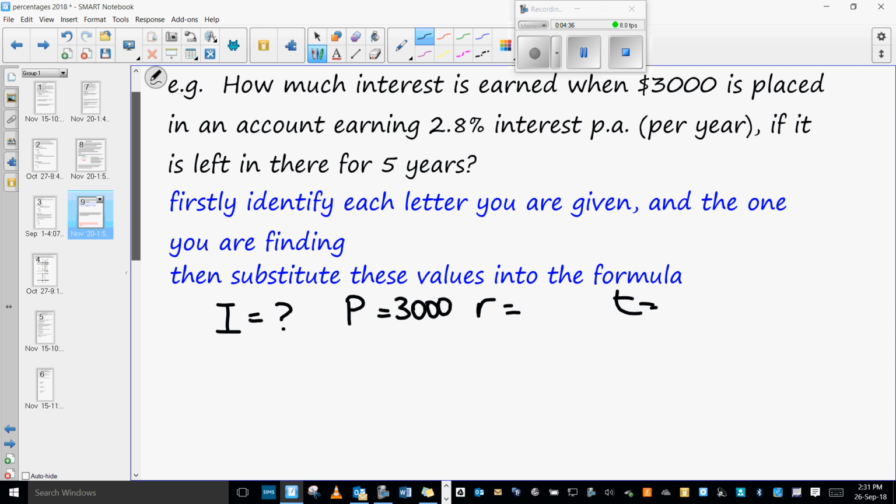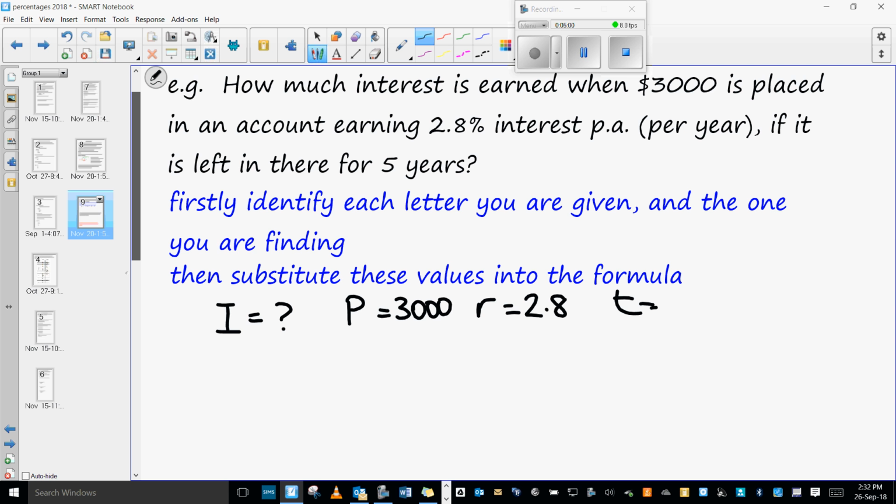What did R stand for? The rate, yes, the percentage rate. So that would be 2.8 for this question.